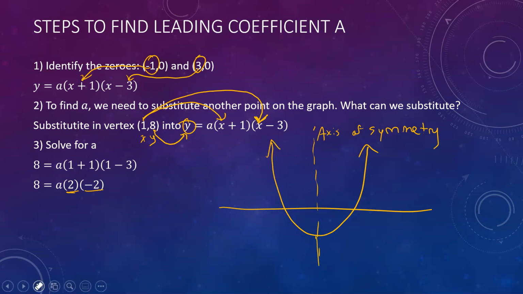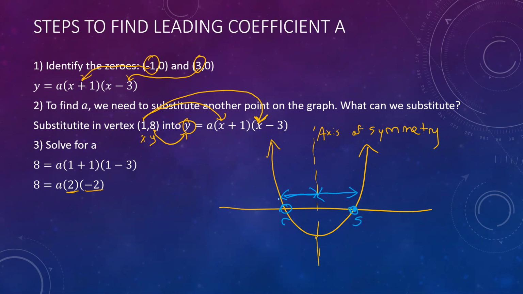So if these are my two zeros right here, and I'll call these R and S, I know for a fact that they are both the same distance away from the axis of symmetry. Really, the only difference between them is that one of the zeros is going to be above the axis of symmetry, which is why it's going to be positive, and the other one is going to be below the axis of symmetry.